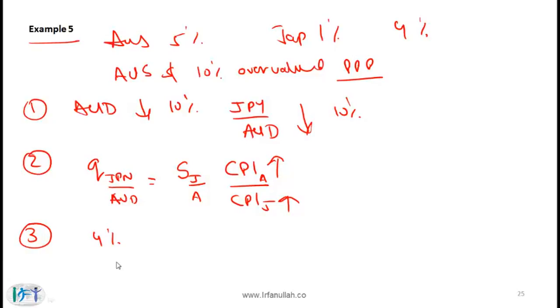And finally, which of the following would best explain the failure of the absolute version of PPP to hold? Option A, inflation varies across countries. That's not the correct answer. B is not correct. So you actually need to memorize the fact, or it's rather obvious anyway, that the reason absolute PPP does not hold is that trade barriers exist and different product mixes are consumed across different countries.